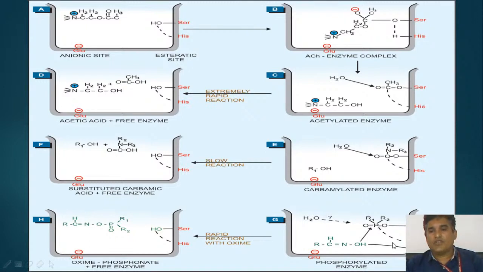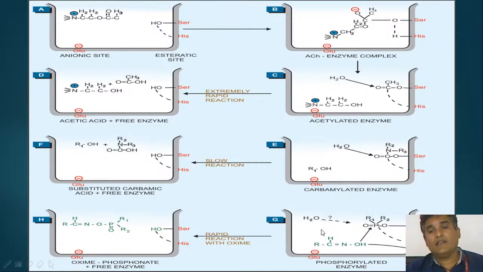And when a person has accidentally taken an acetylcholinesterase inhibitor, especially an organophosphate, it means the availability of acetylcholine is increased, and it leads to organophosphate poisoning.